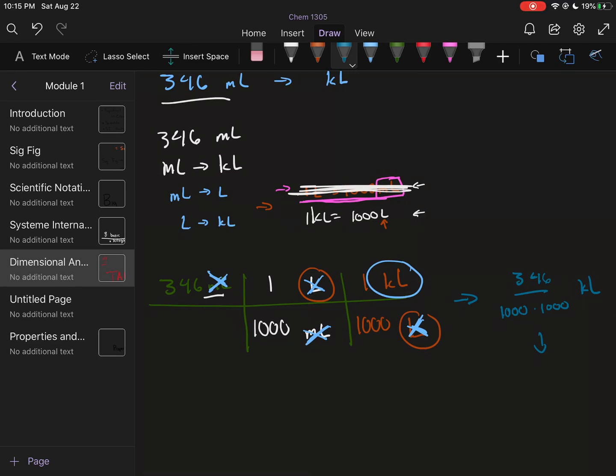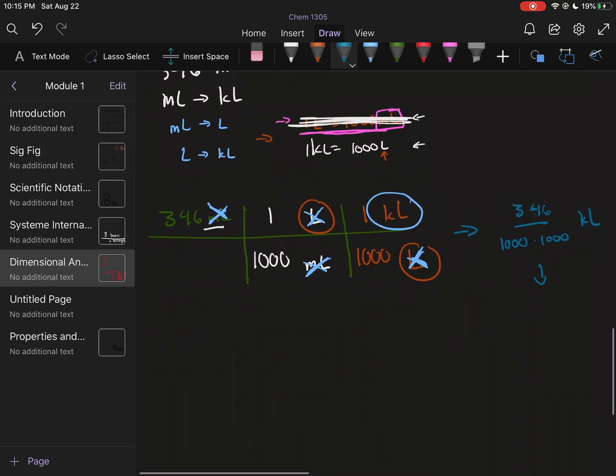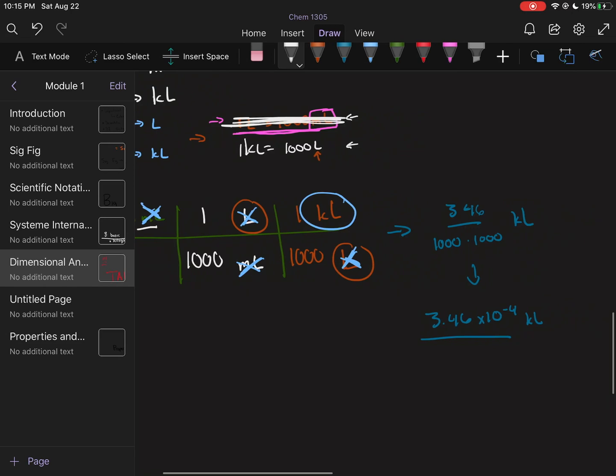Or let's plug this into our calculator. That gives 3.46 times 10 to the negative 4th kiloliters.